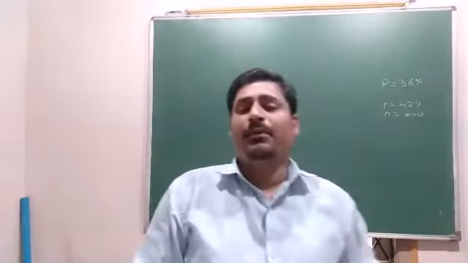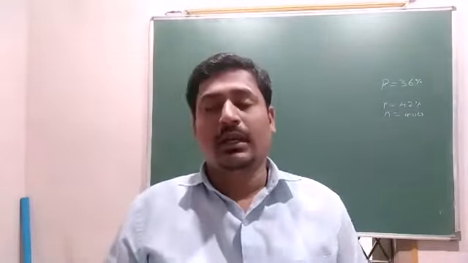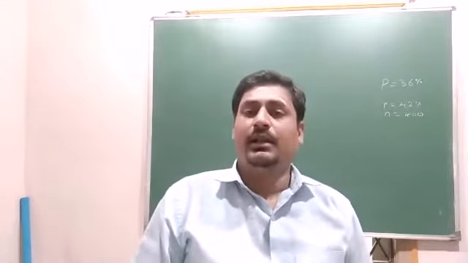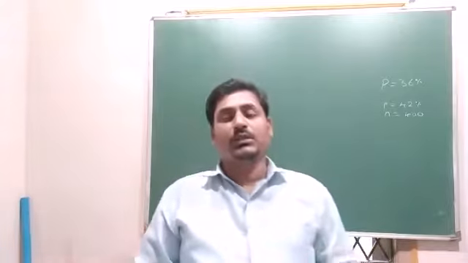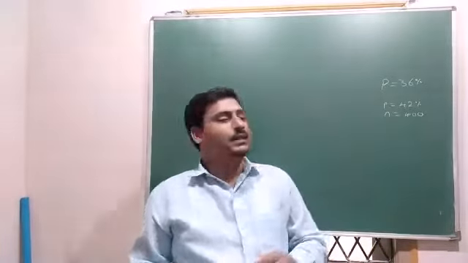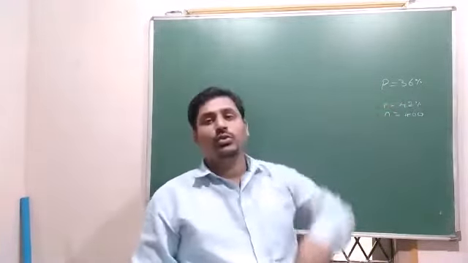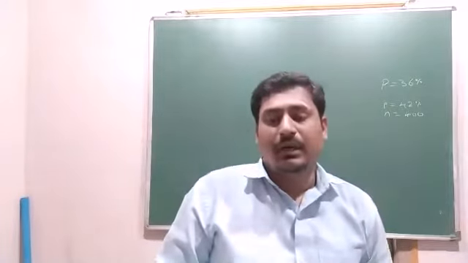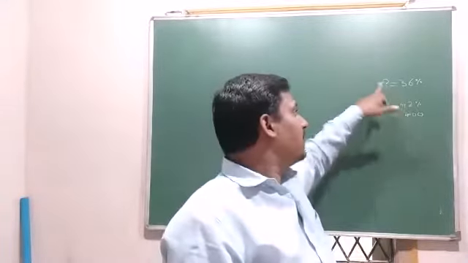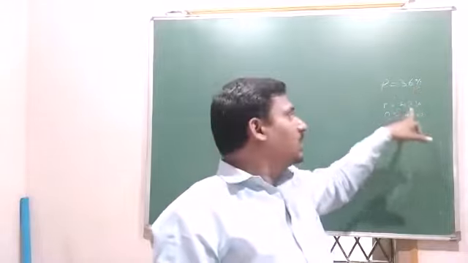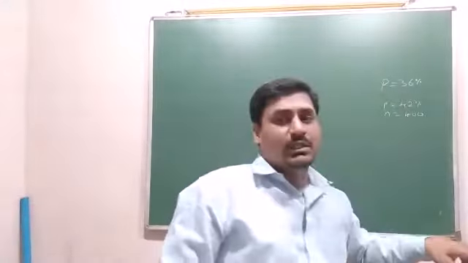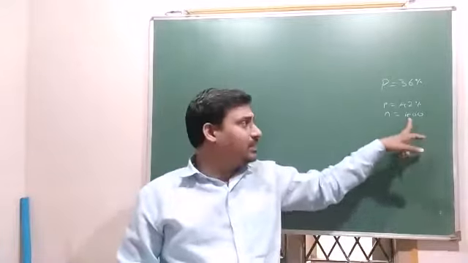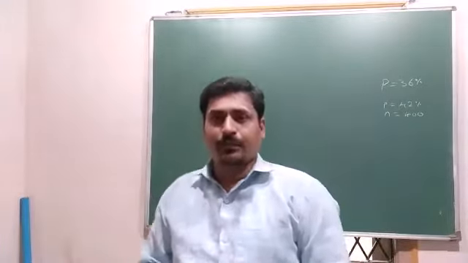Pre-poll surveyors met 400 voters, and out of 400, 42% of the people said they will vote for this particular party. That means capital P is 36%, small p, the sample's proportion, is 42%, and the sample taken here is 400.